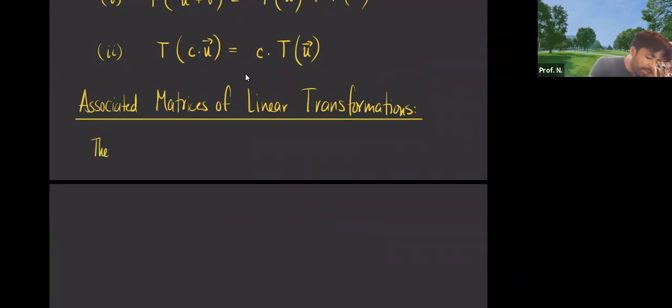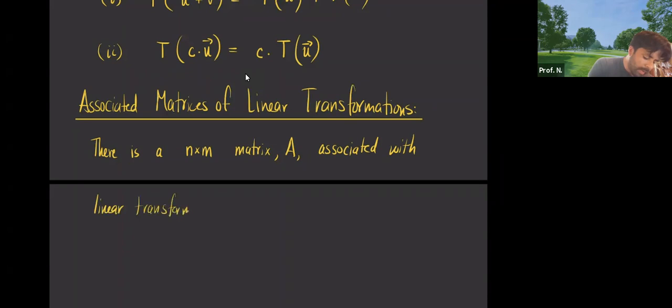So there is an n by m matrix called A associated with a linear transformation T, where T goes from Rn to Rm. Oh, pardon me, this should be the other way around. This should be m by n.